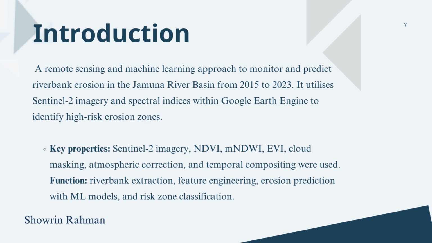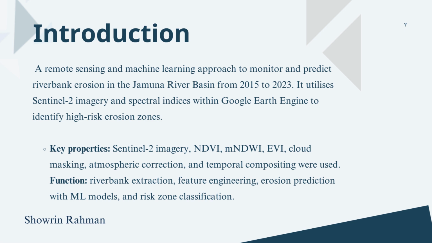The Jamuna River Basin is one of Bangladesh's most dynamic and erosion prone regions. It experiences severe riverbank shifts that displace thousands of people annually. Our study introduces an innovative approach to monitor and predict these challenges using Sentinel-2 satellite imagery processed within Google Earth Engine.